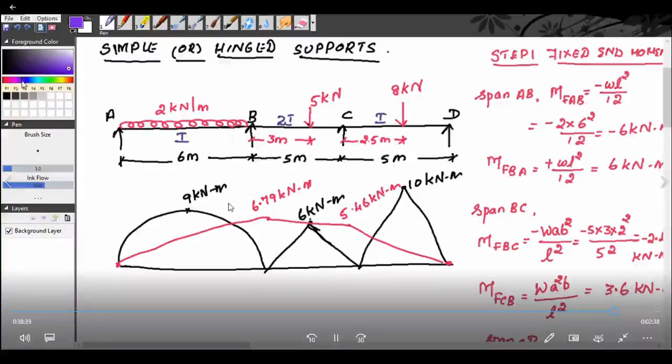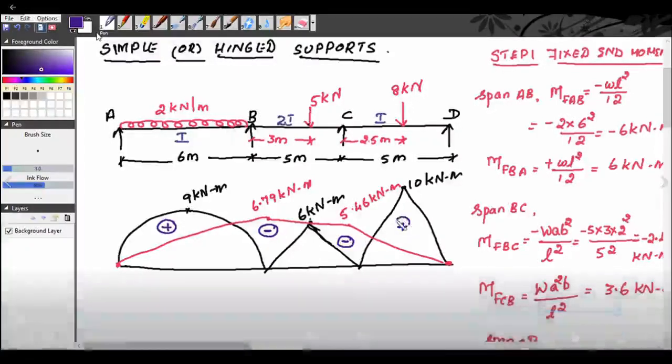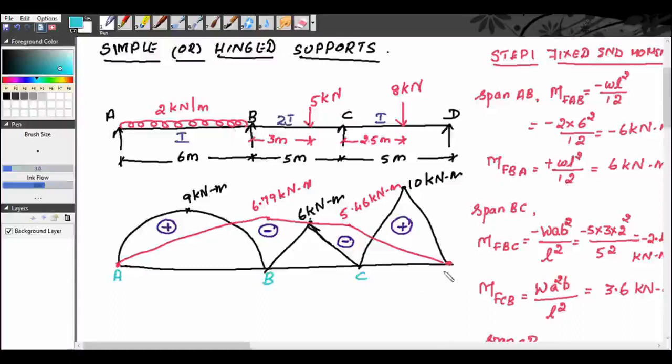So here it is plus, minus, minus and plus. That means for the region A, B, C, D, near the intermediate supports B and C, we have hogging moments, that is negative moments. And since the end supports are simple supports, near the end supports we have positive sagging moment.